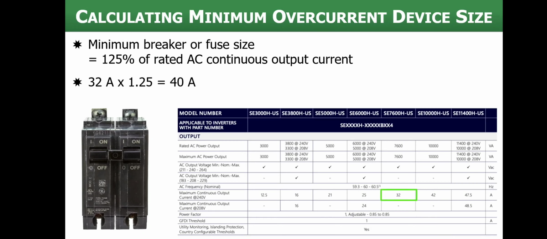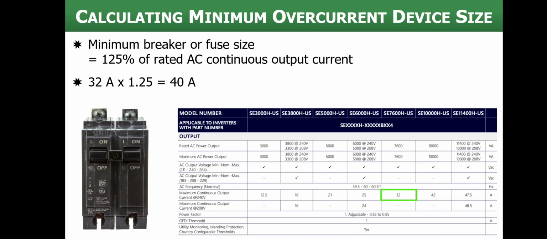If we look at our specifications sheet for this 7,600 watt inverter, the maximum continuous output current at 240 volts is 32 amps. We convert the percent to a decimal, so we move the decimal place to the left 2 positions, and we get 32 amps times 1.25 gives us a minimum overcurrent protection device size of 40 amps.